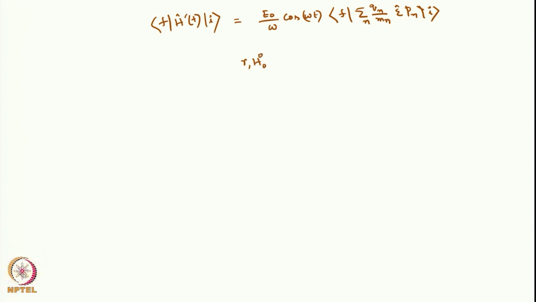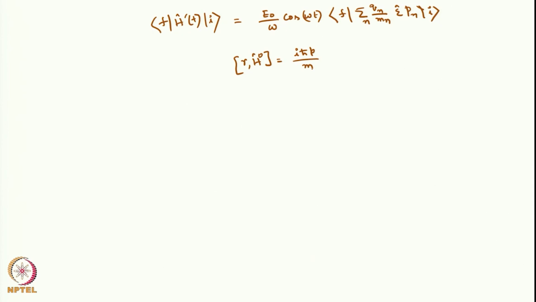F h prime of t i equals E naught by omega cos omega t acting on f, sigma over n, q n by m n, p n, and we found that the commutator R, H naught is equal to i h bar P by m.